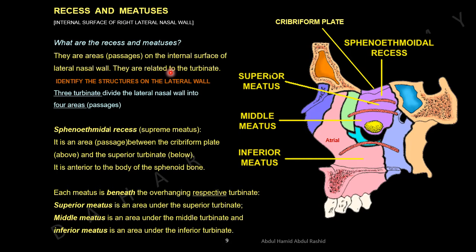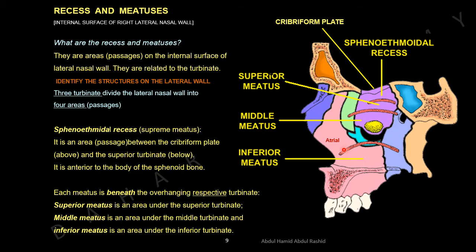They are related to the turbinates. Let's see a few structures on this wall now. Very high up here is cribriform plate of the ethmoid bone. This is superior turbinate. This is middle turbinate, and this is inferior turbinate.